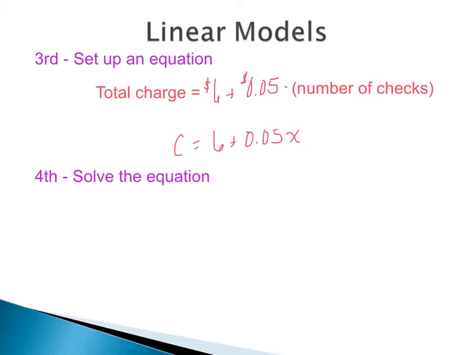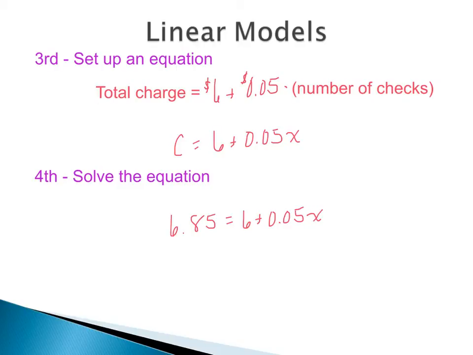But that next part is that we still have a number that we hadn't used yet in order to solve this equation. Right now we have 2 variables. But if we go back to the previous page, remember that they told us that your total monthly charge was $6.85. So we were given that information. So that C I can actually replace with the $6.85. So I have $6.85 equals 6 plus 0.05x, and now it's just a matter of solving for x.